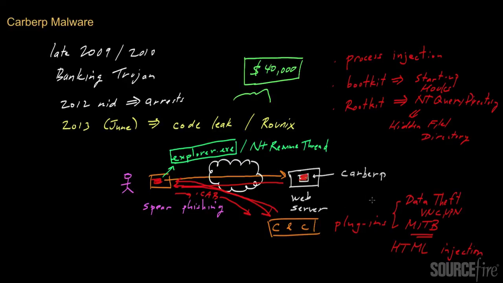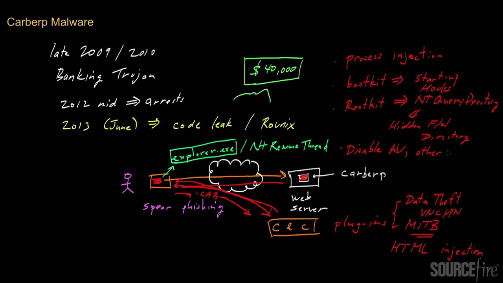In addition to that, Carberp also has a number of protection capabilities in place, capabilities to really hinder somebody from being able to detect it or being able to disable it. So in addition to the capabilities I mentioned, Carberp also will have a plugin to disable antivirus, and that's a very common functionality for a lot of malware. It also will try to disable other malware.